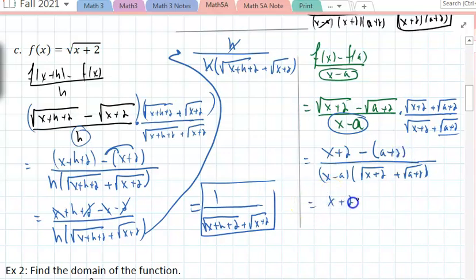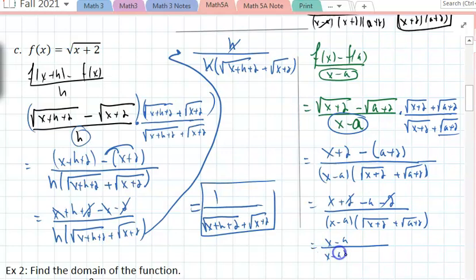So that is x plus 2 minus a minus 2 over x minus a into the square root of x plus 2 plus the square root of a plus 2. The 2's cancel out, and you'll notice I have x minus a, and again, it's not really magic, it's math, how that happens every single time. And I'm left with 1 over the square root of x plus 2 plus the square root of a plus 2. Okay, I'm going to shrink this a bit again.